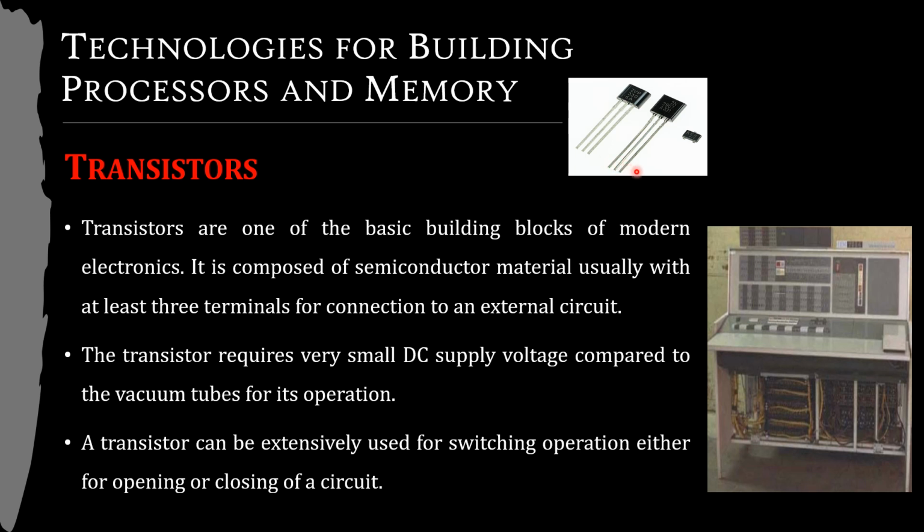The transistor requires a very small DC supply voltage compared to vacuum tubes for its operation. A transistor can also be extensively used for switching operation, either for opening or closing a circuit. The size of a computer that uses transistor technology is reduced when compared to vacuum tube technology.